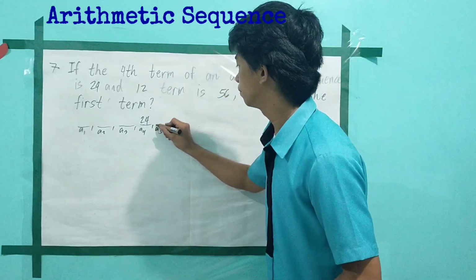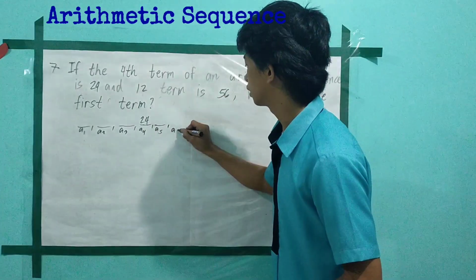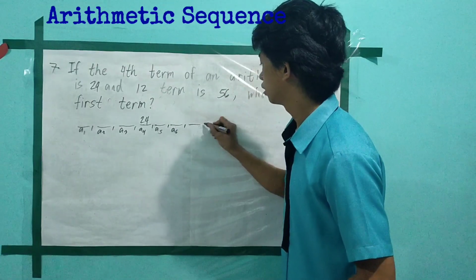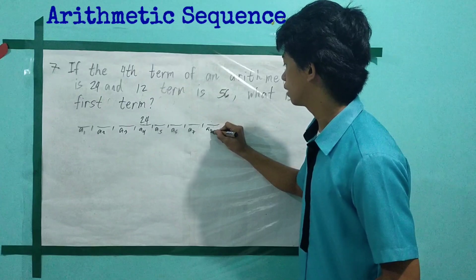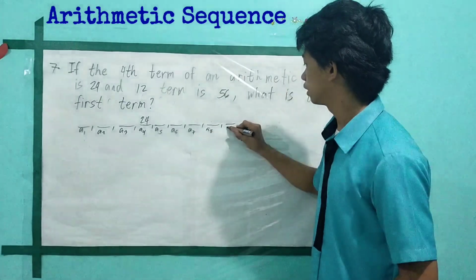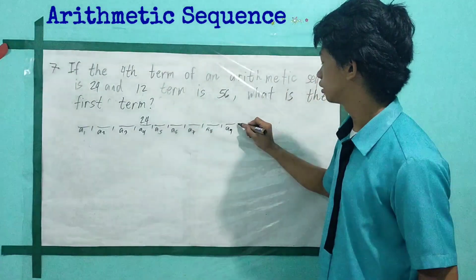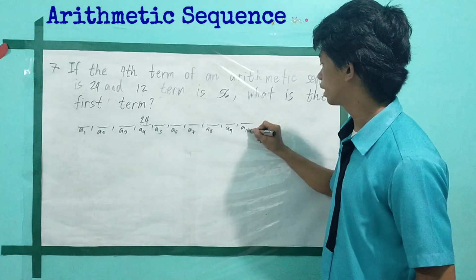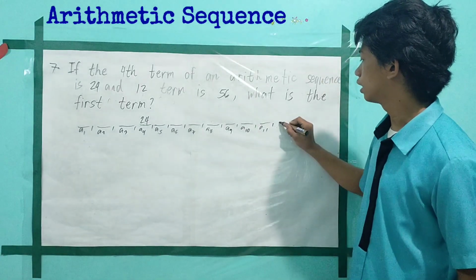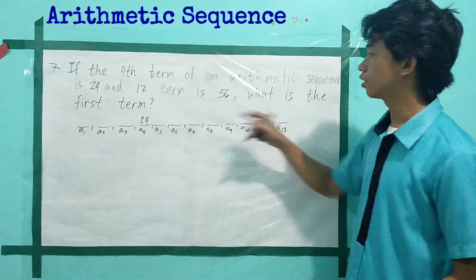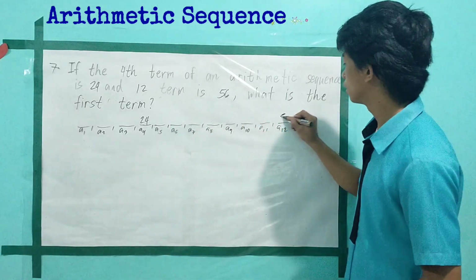A sub 5, A sub 6, A sub 7, A sub 8, A sub 9, A sub 10, A sub 11, and A sub 12. Ano yung A sub 12 natin? We have 56.